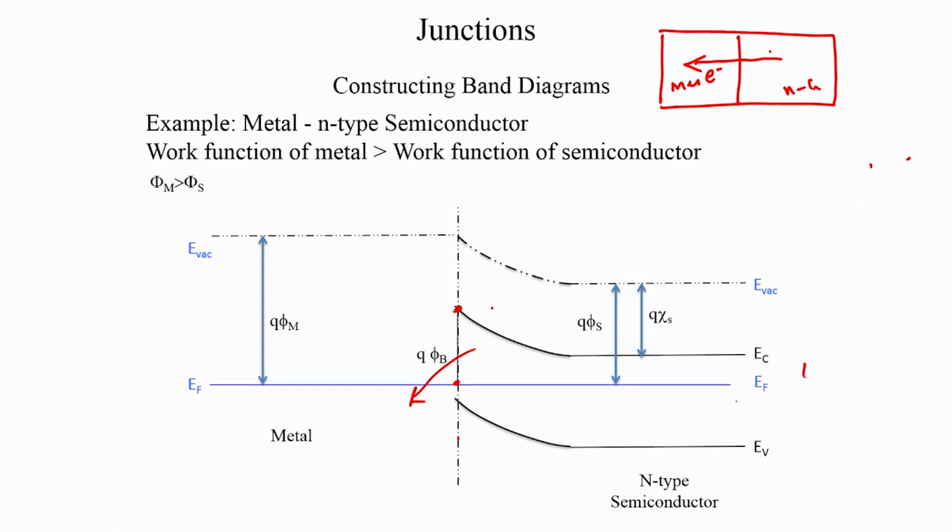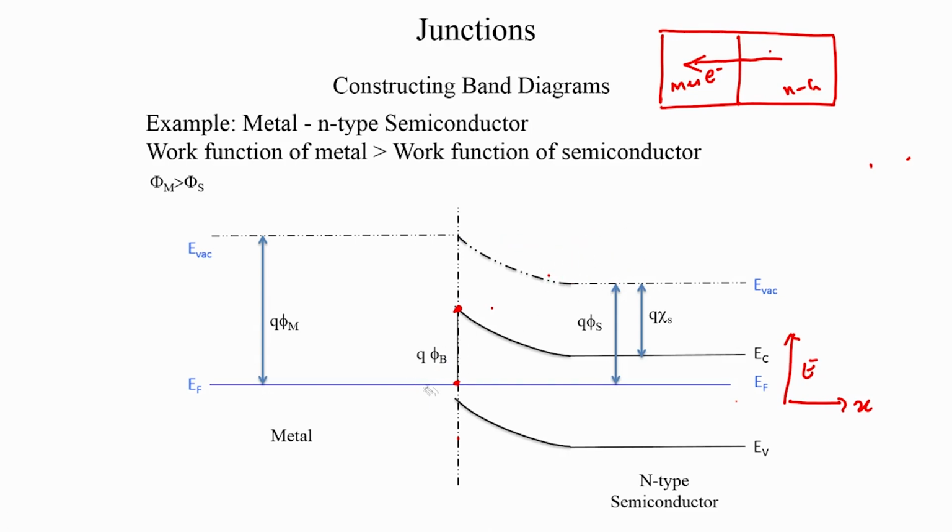So, this is an energy distance diagram. The x axis is distance, the y axis is energy, and it is also indicative of potential. So, if you want to locate the potential difference between these 2 points, it is simply the energy difference between those 2 points divided by q. So, that is the potential difference.